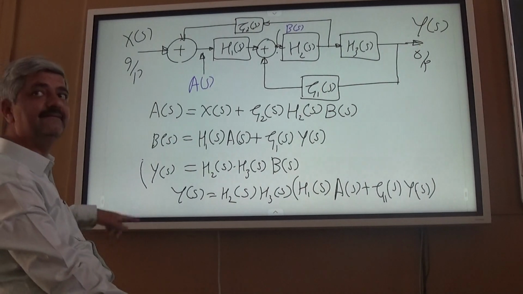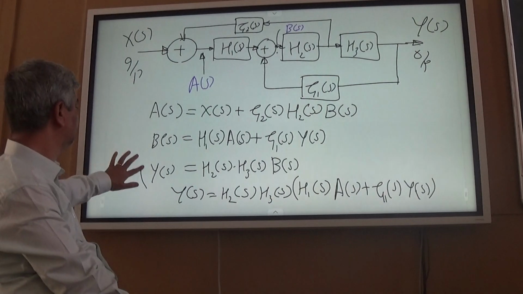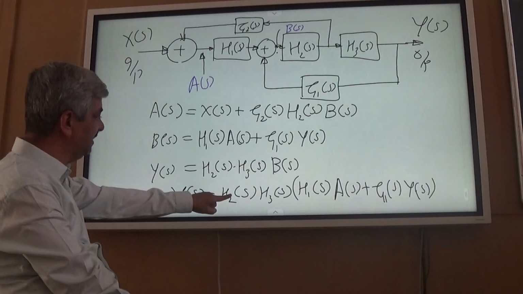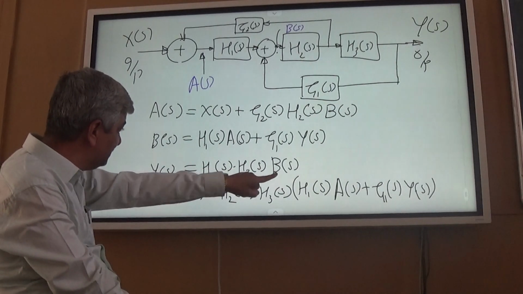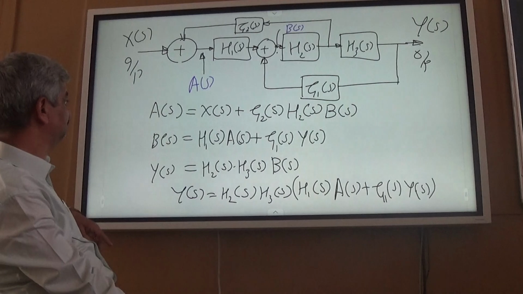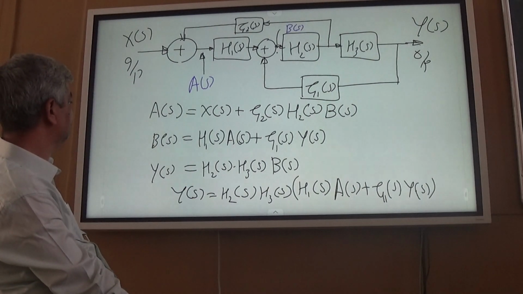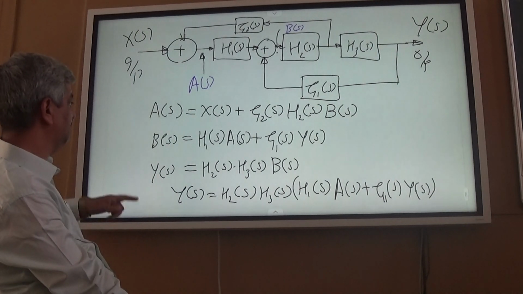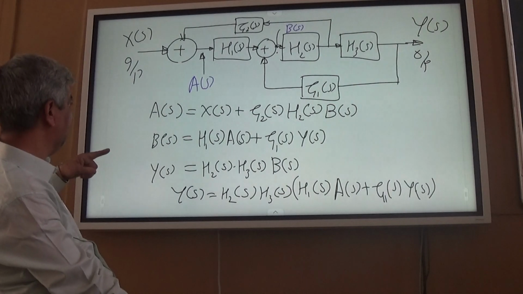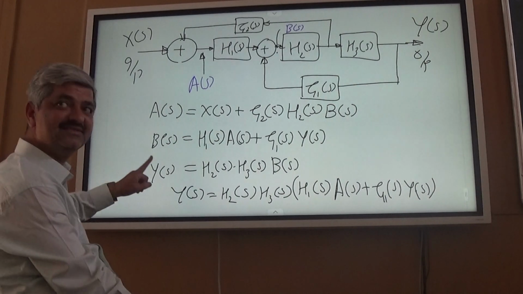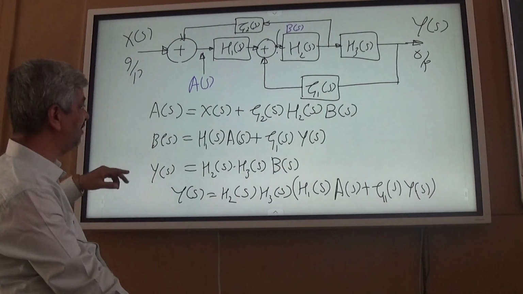Is it right? Then next, H2(s) H3(s) H1(s) into H1(s) A(s) plus G1(s) Y(s). But in A(s) again B(s) comes. So how do you resolve it?